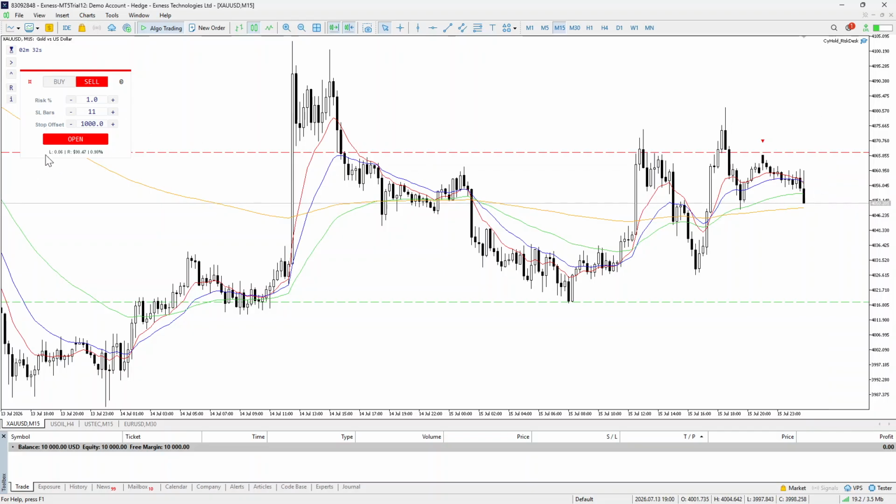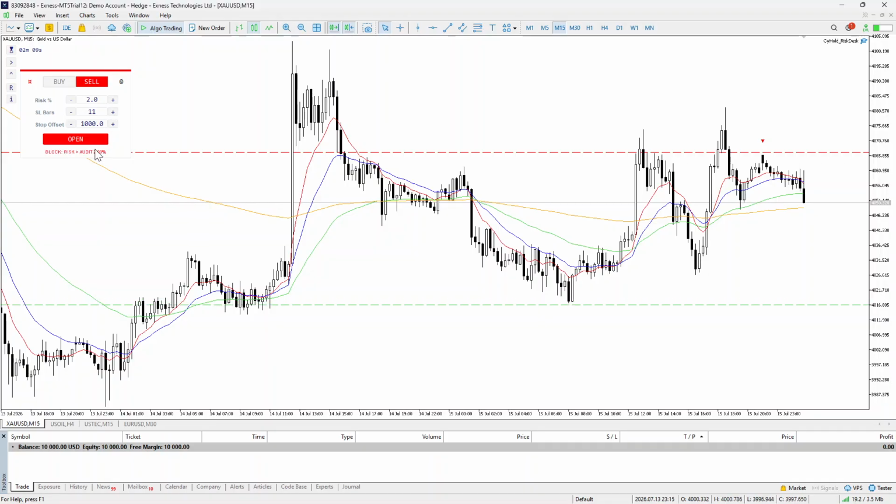It will be approximately 0.06 lots, and here you can see how much is being risked, $98, 0.96%. If you want to risk more in this area, you can increase it here. For example, 1.5%, 0.09, $144.